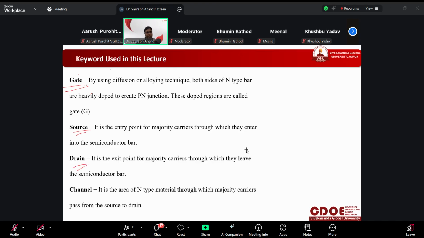So gate was base in case of BJT, source was emitter in case of BJT, and drain was collector in case of BJT. And here it is channel. So channel is actually what type of material we are using as a base. So if we have used N type bar, then it will be N channel. P type bar, that is P type or P channel.